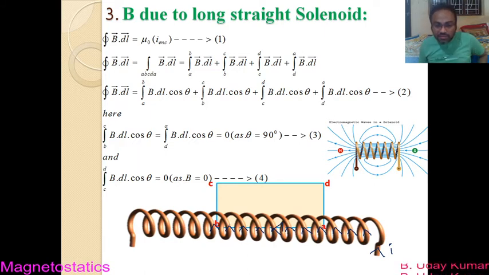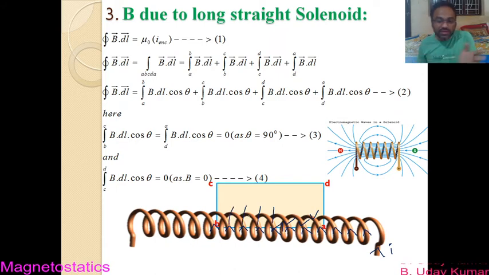For example, if you take the closed path from A to B, and inside this closed path there are different number of turns here. For example, this turn is present inside the closed path, and this turn is also present inside the closed path. This one, and this one.